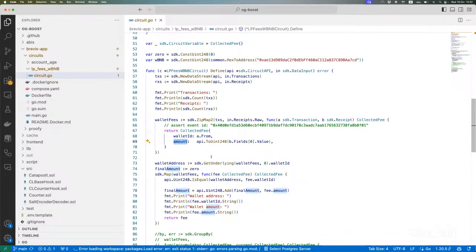Well, for the demo, yes, but basically you can extend this to whatever. So in the configuration screen, as you saw in the UI, you could choose the minimum amount that you want your LP to have earned in a given token, so that that LP will be an OG LP.